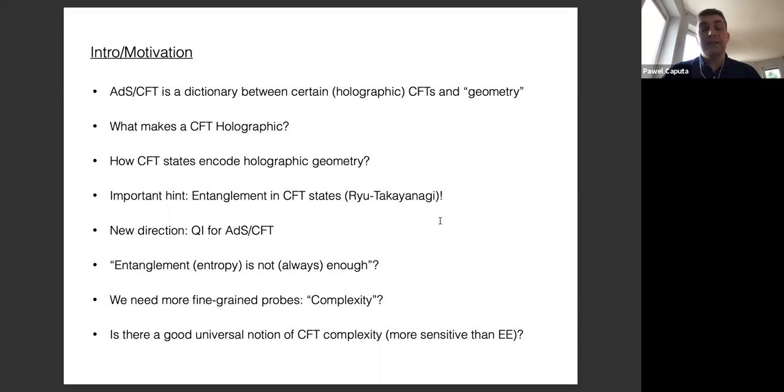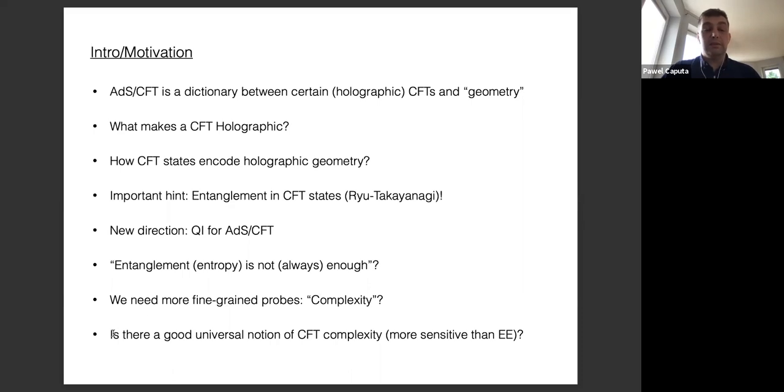But we know that the states or operators in CFTs still evolve with time. So in some sense we need more fine-grained probes of conformal field theories or AdS/CFT, and we are looking for some probes of complexity. This is in quotation marks because we still don't have a very good notion of complexity that we could apply to this problem.